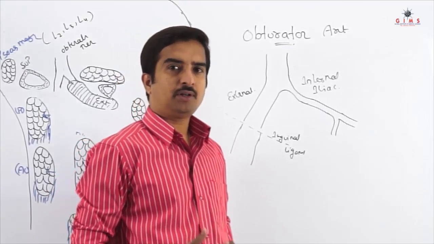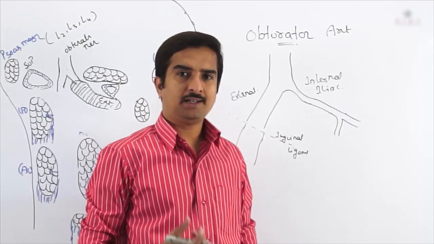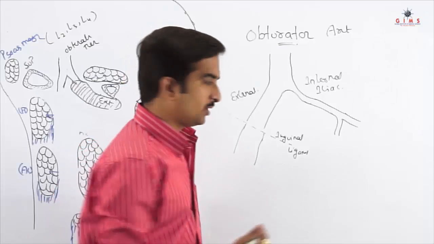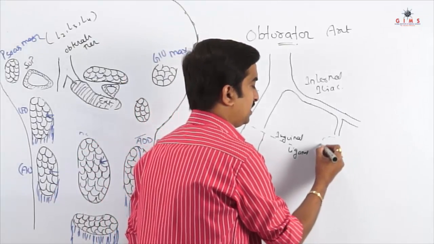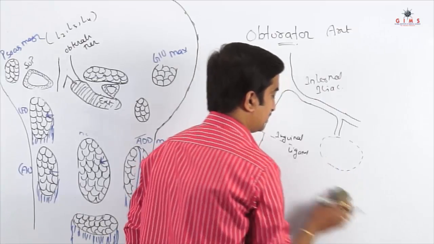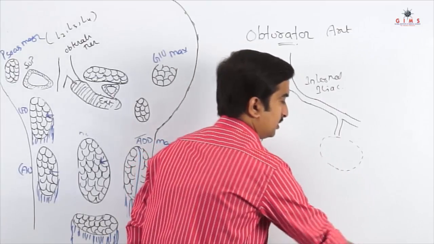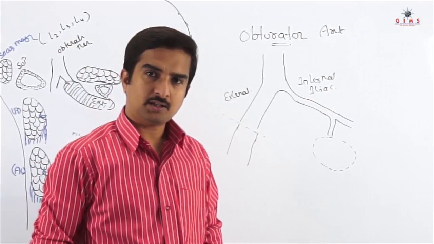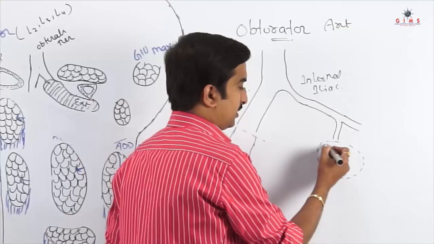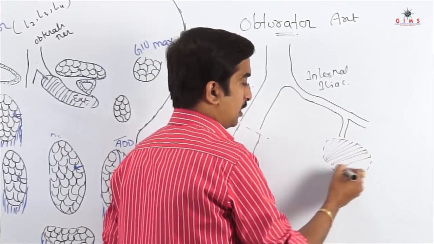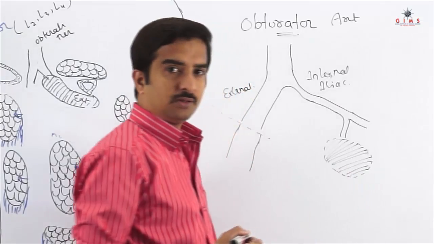After the obturator artery arises from the internal iliac artery, it reaches the superior margin of the obturator foramen. Let us consider this is the obturator foramen, which is covered by the obturator membrane.